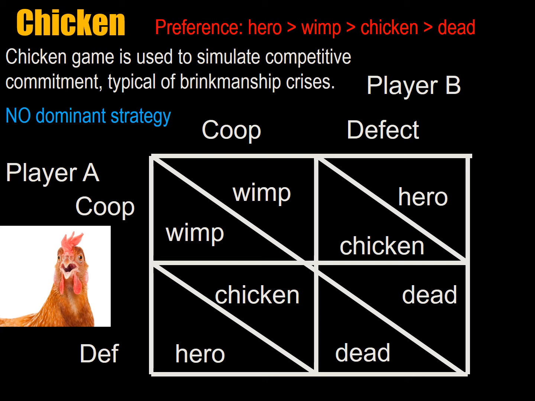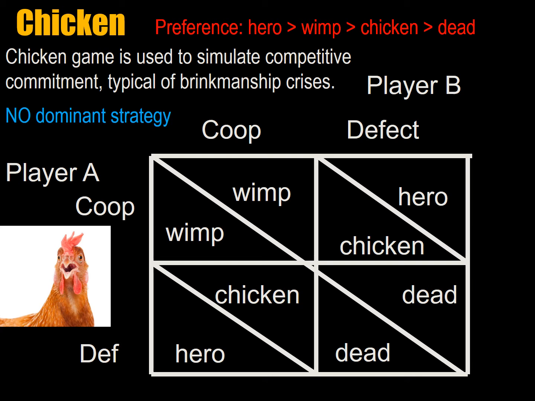And so this is a differently structured game than the prisoner's dilemma. Now the chicken game simulates situations in which the cost of mutual defection is catastrophic, like for example nuclear war, or in international political economy, raising tariffs so that both economies are wrecked by a lack of trade.